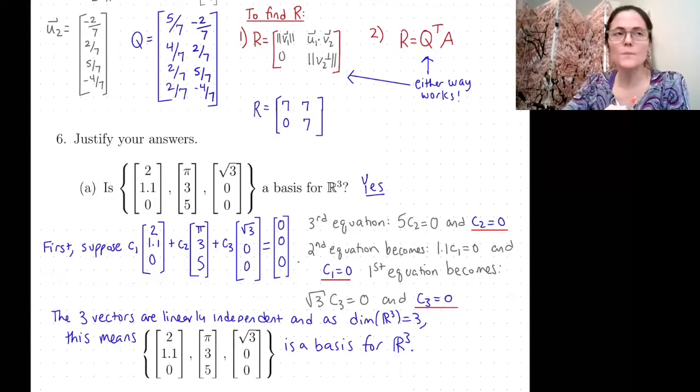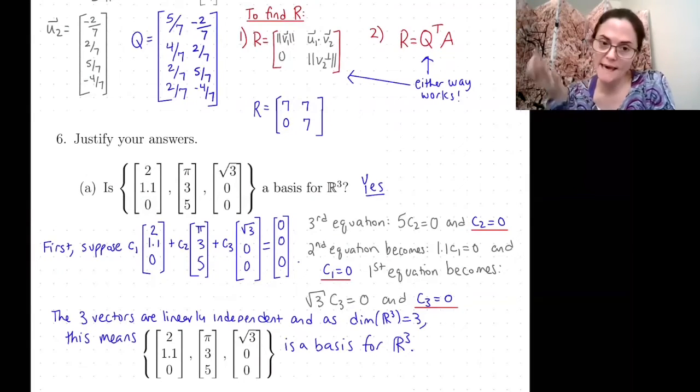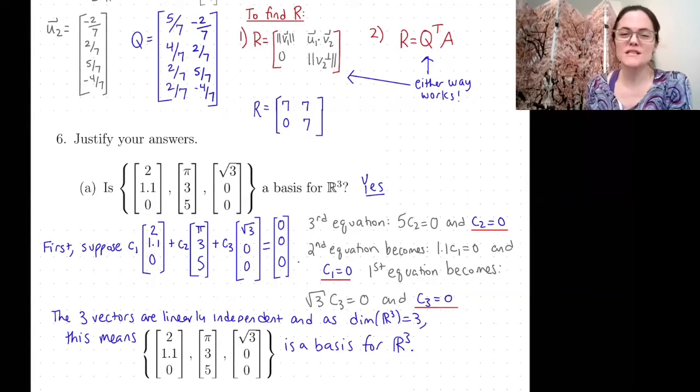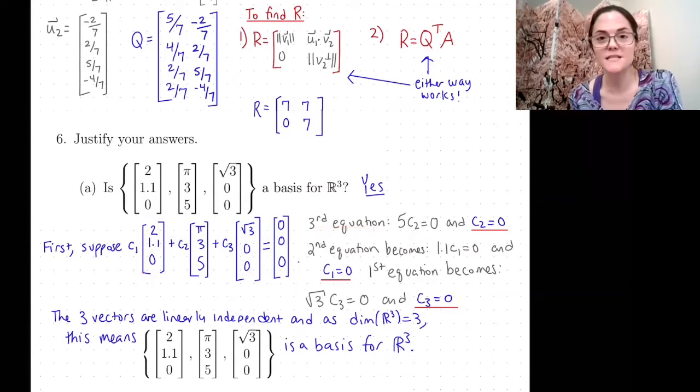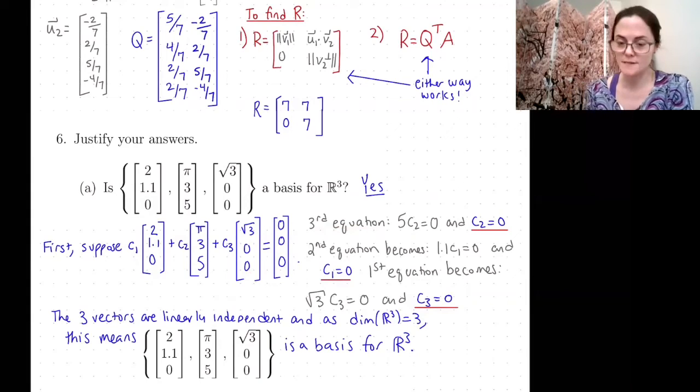This is another way to show the vectors are linearly independent. I mentioned in the video that if you're working abstractly, which this isn't, since we have actual numbers in our vectors, this way is frequently the easiest to show a collection is independent. But here, we get 1, 2, 3 equations. The third equation, already looking at zeros, says 5C2 is 0. We get C2 is 0.